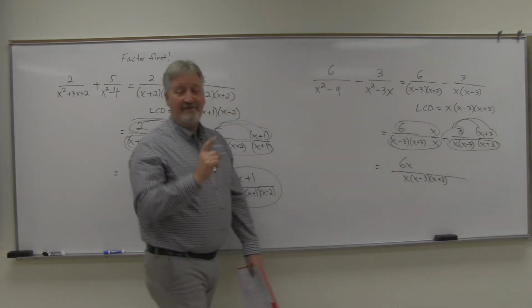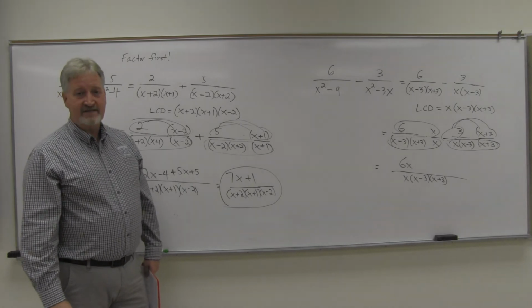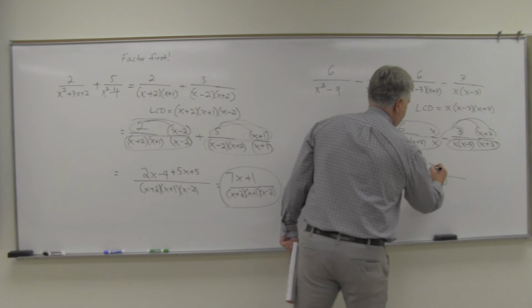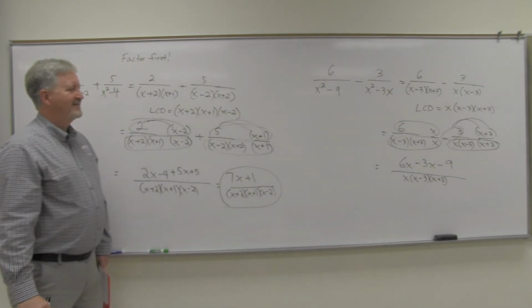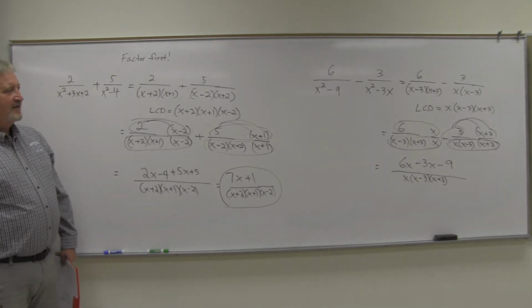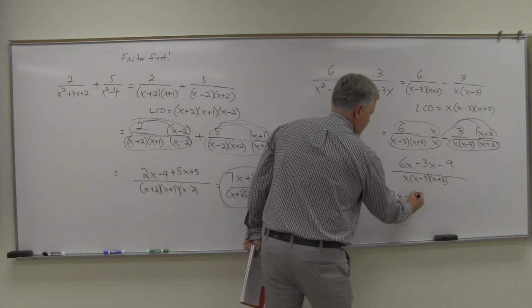Yeah, you've got to factor that in too. So it's minus 3x minus 9. With me? So we've got 6x minus 3x minus 9. Now we combine, of course, like terms. You got 3x and then the minus 9.